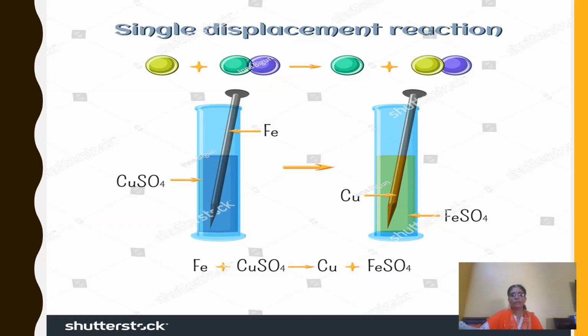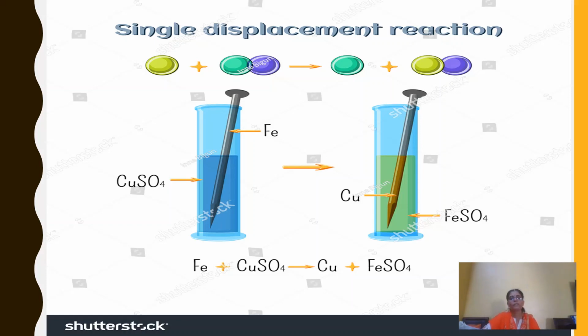So this shows that whenever a more reactive metal is present, it displaces a less reactive metal from its compound. This is what we call displacement reaction. And again I repeat, when iron is kept inside the copper sulfate solution, as iron is more reactive than copper, it displaces copper from its compound, that is from copper sulfate solution, and the displaced copper gets deposited on the iron nail.